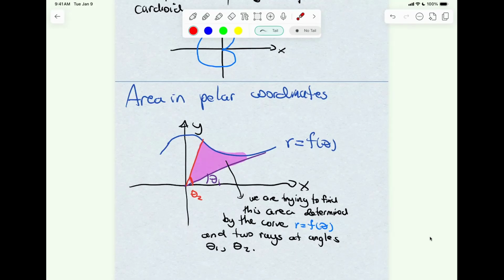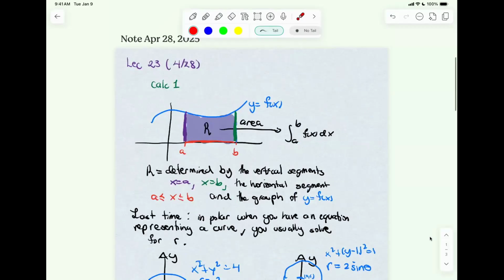Okay, so now just to show you how you would find the area. It's the same philosophy as you would use to find the area in Calc 1. What would you have done in Calc 1? You approximate by rectangles, because rectangles work nicely with that shape, since you have these vertical walls, and you can just stack them together.